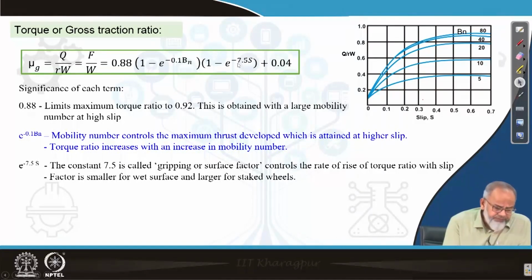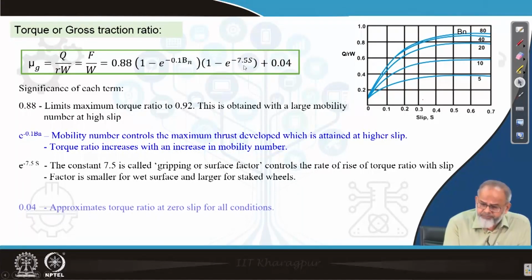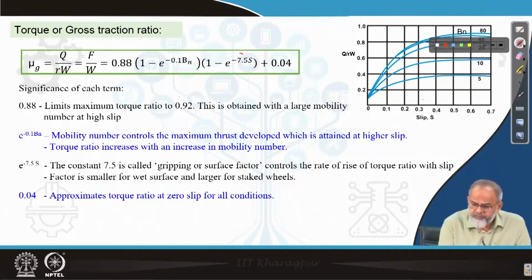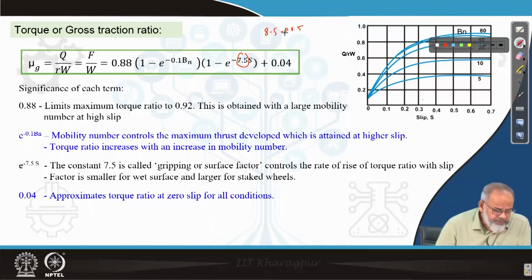The first suggestion he has given is for this 7.5. He suggested that instead of 7.5, we can try 8.5 to 10.5. And the constant 0.04, he said, should be 0.035 or 0.03, that is the range. And the term 0.1 should be converted to 0.88.